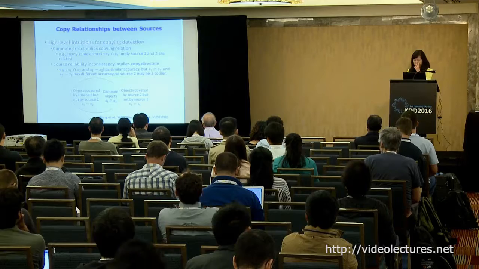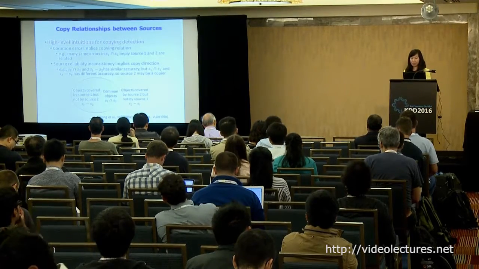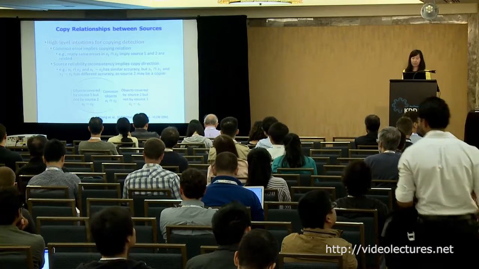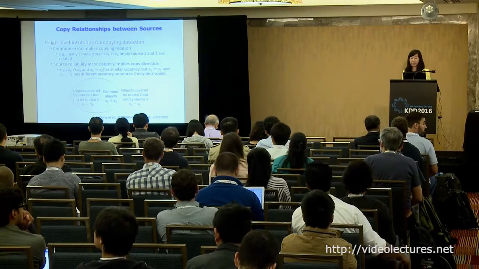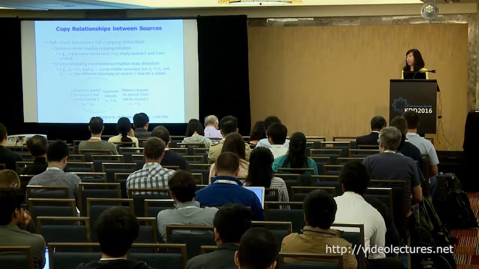We can first look at the figure here. The one in the middle represents the common objects between two sources. The left one indicates objects covered by source 1 only, but not by source 2. And the right one indicates objects covered by source 2 only, but not by source 1.